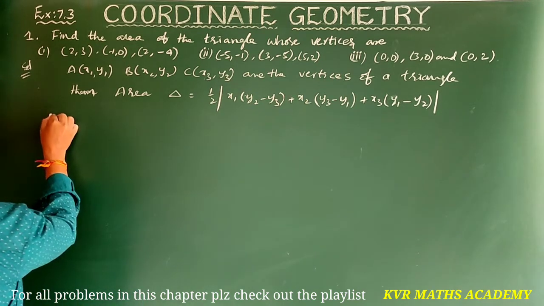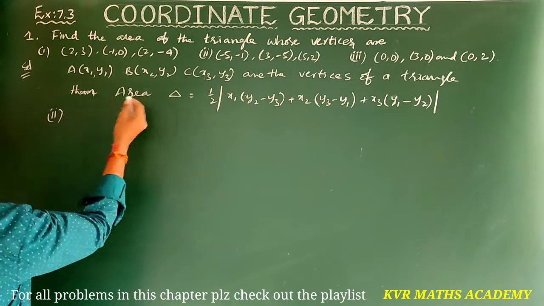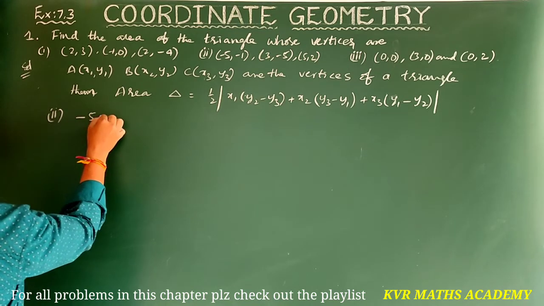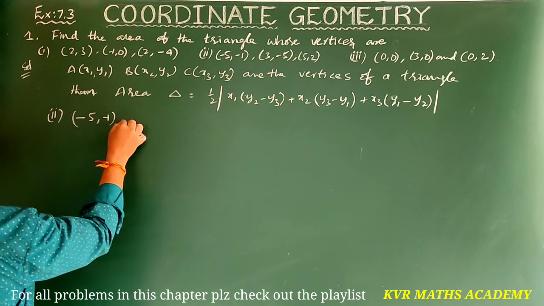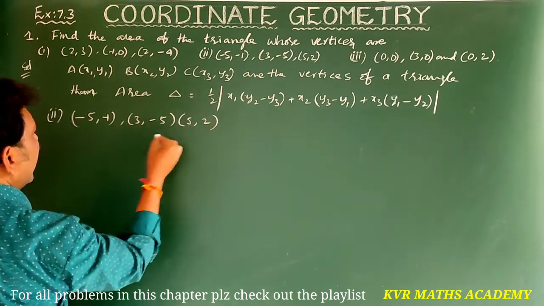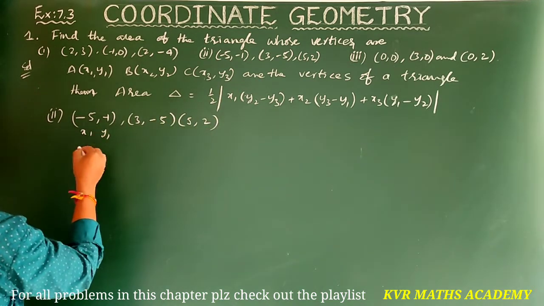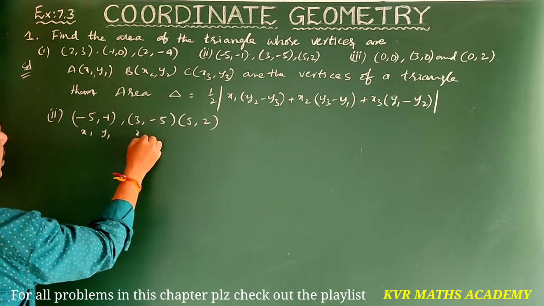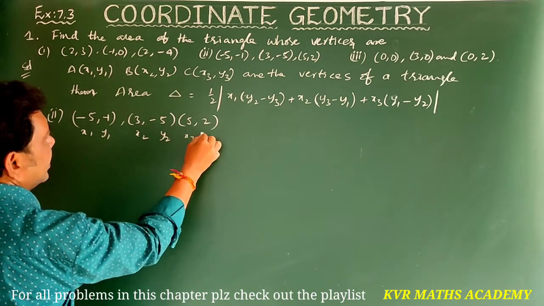Next is the second one. Let us take (-5, -1), (3, -5), (5, 2). So these are the points. Let us take them as x1 y1, x2 y2, x3 y3.